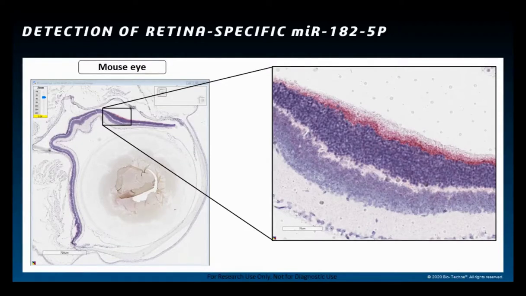Now here, miR-182 is shown in the outer nuclear layer with very little to no expression in the inner nuclear layer or the ganglion cell layer, which are the layers just below the red chromogen. miR-182 has actually been shown to be necessary to maintain adult cone photoreceptor and visual function. And in fact, in mouse studies, deletion of this particular miRNA results in retinal dysfunction.